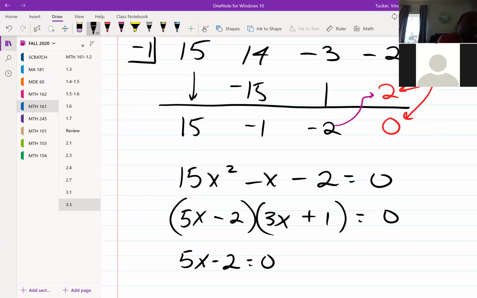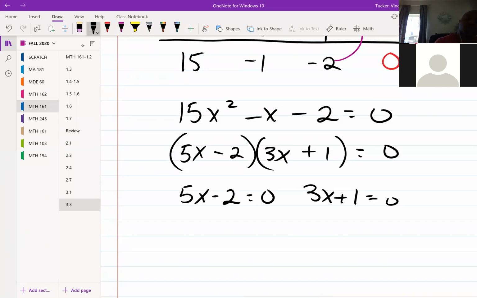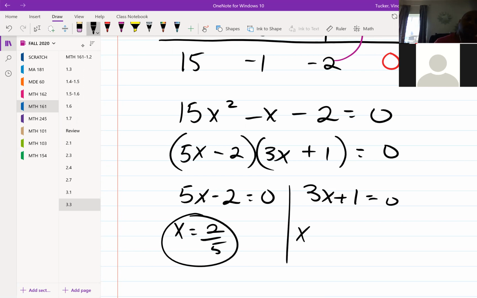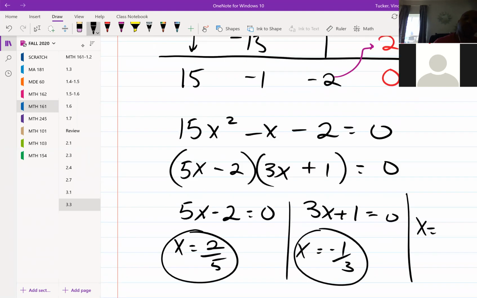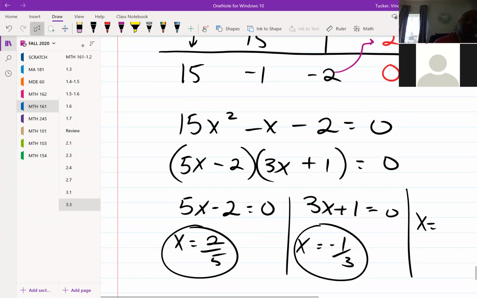Set each piece equal to 0. x is going to be +2/5, -1/3, and then also -1.